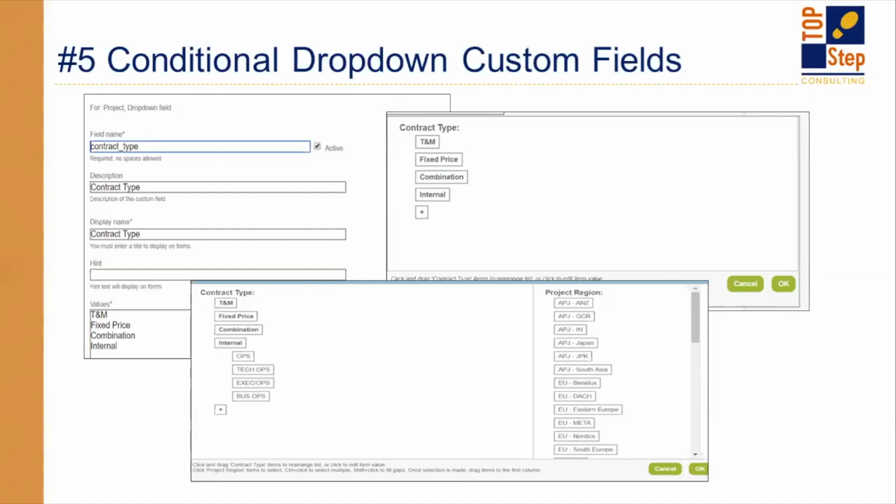So on a form, the contract type field would have internal selected, and then in the project region field, the only things available would be ops, tech ops, exec ops, and biz ops. That's how you can have the definition of field 1 drive the content of field 2 with this conditional dropdown custom field feature.